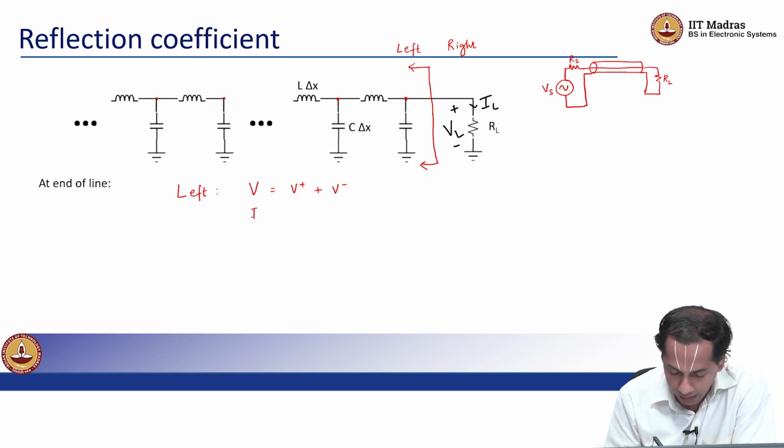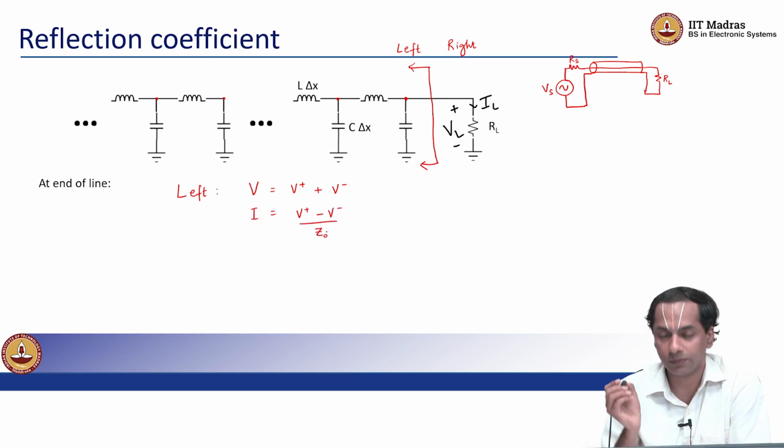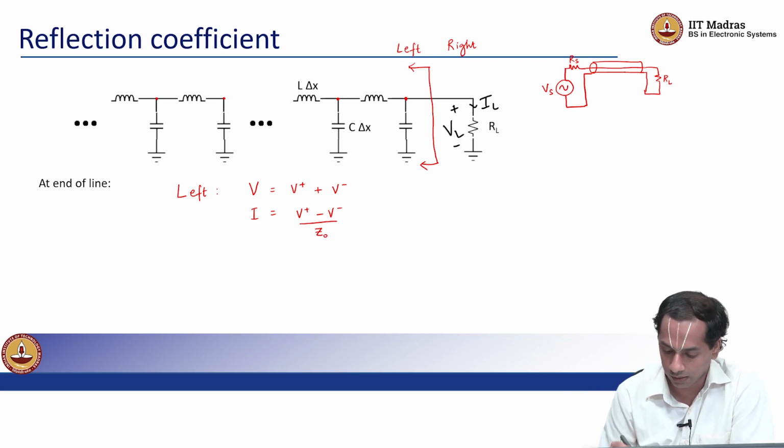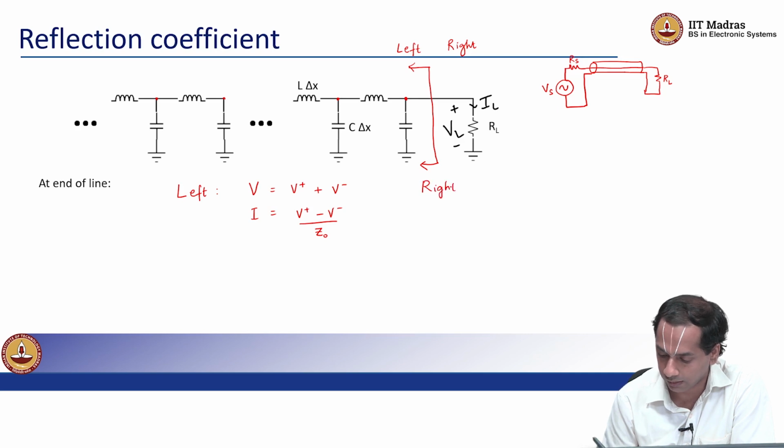And we have the current, which is essentially V plus minus V minus by Z naught. So this is the voltage and current on the transmission line, and the voltage and current on the load is quite simply, we are calling it VL, and the current is IL, which is VL by RL.